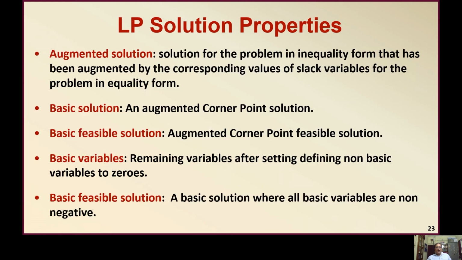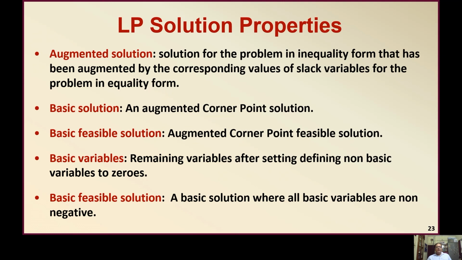And here are the basic things: the augmented solution for the problem in inequality form that has been augmented by the corresponding values of slack variables for the problem in equality form. Basic solution and augmented corner point solution. So in an augmented problem, by putting the excess variables to zero, the solution that you obtain is a basic solution.